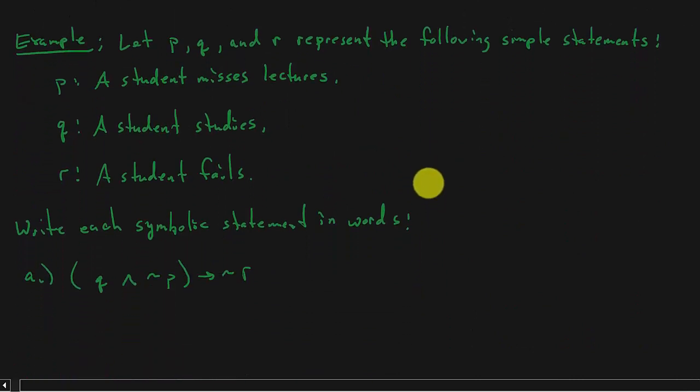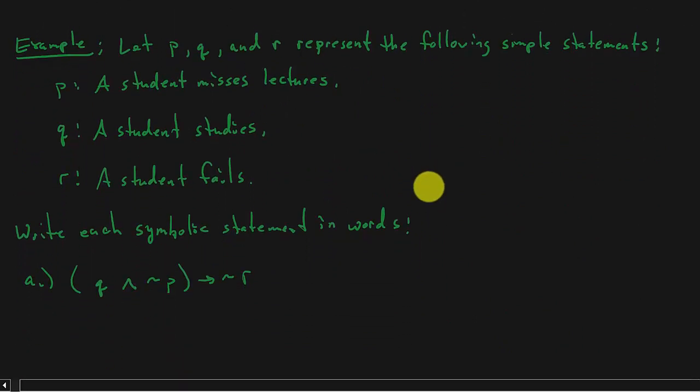Let P, Q, and R represent the following simple statements. P: a student misses lectures. Q: a student studies. R: a student fails. All right, and we want to do Q and not P, and then not R. So if Q and not P, then not R. So what do we have here?